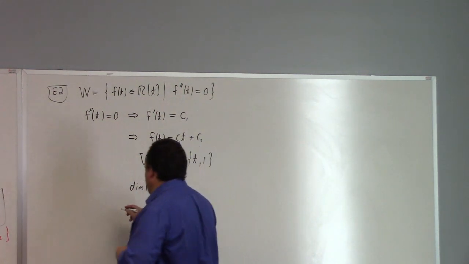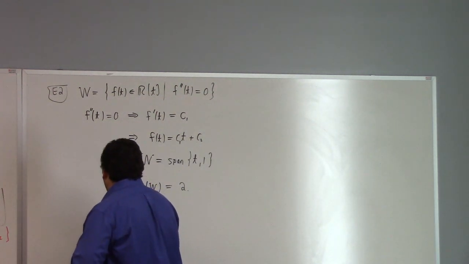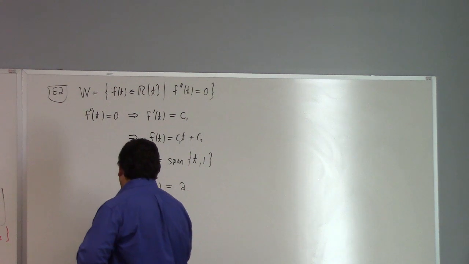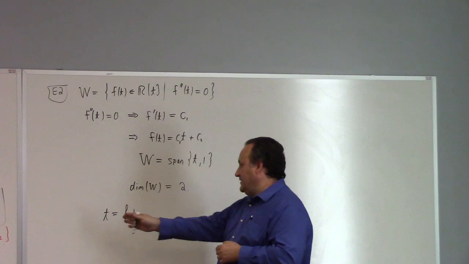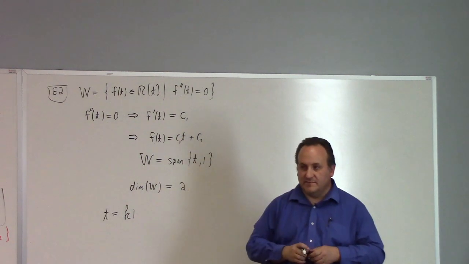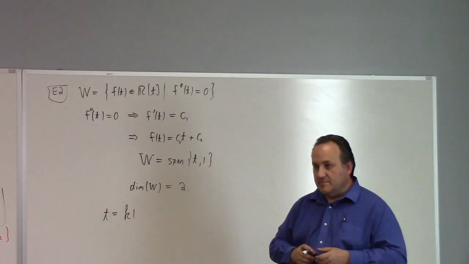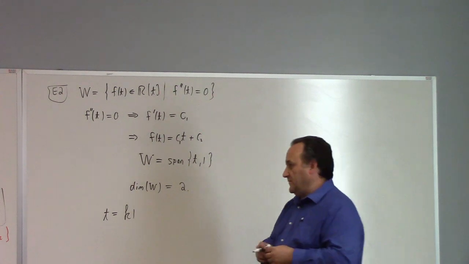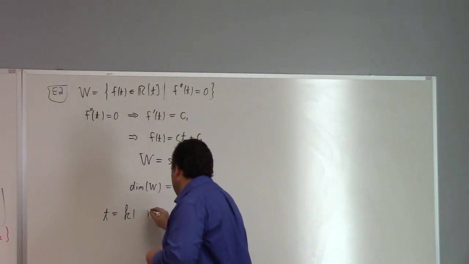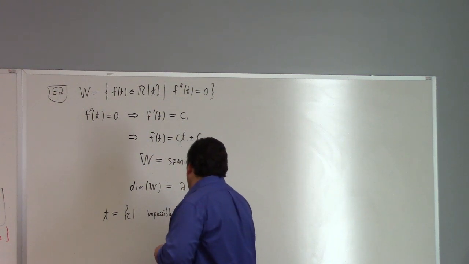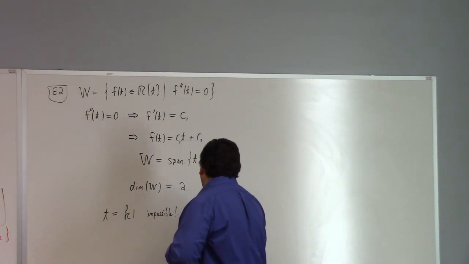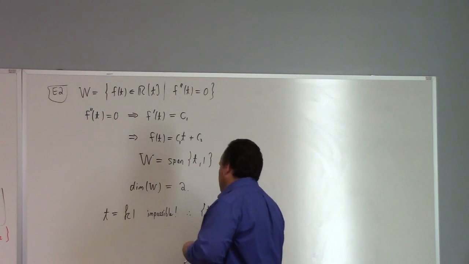Suppose otherwise, right? If we had t is equal to k times 1, then that would say t is equal to a constant, right? But that's absurd. So therefore, t and 1 are linearly independent.